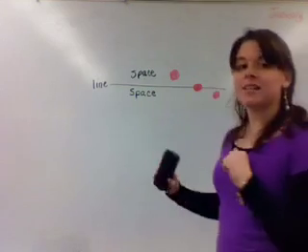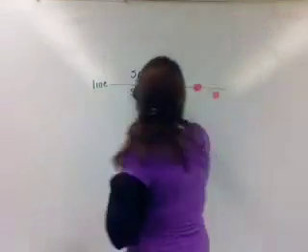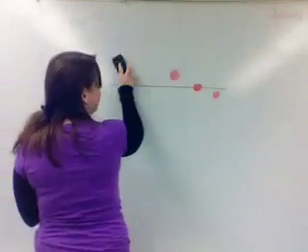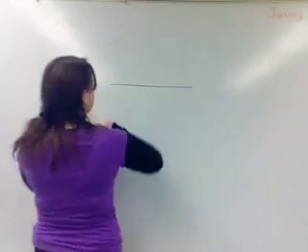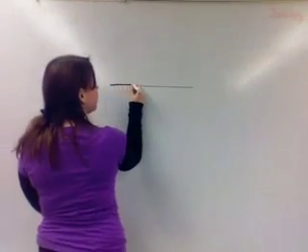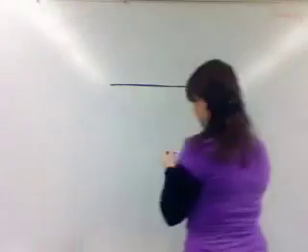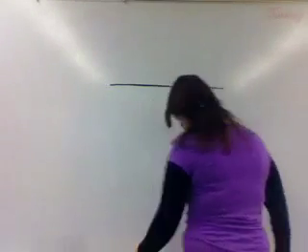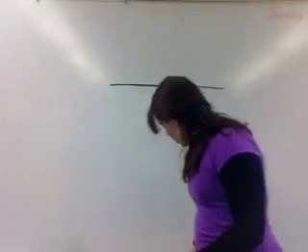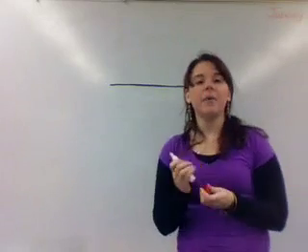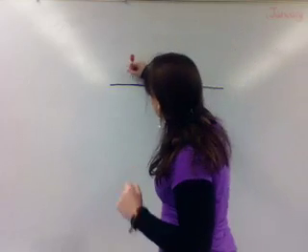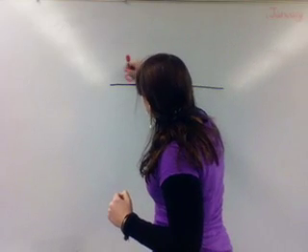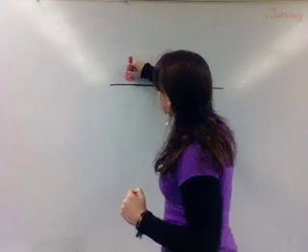Let's see if you can guess the ones as I write them. I'm going to erase the word space, erase the word line, and erase those little notes I've drawn. You holler out either space or line for each note I draw. How about this one?